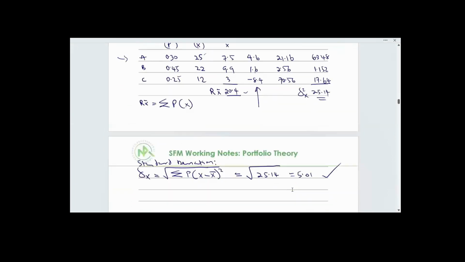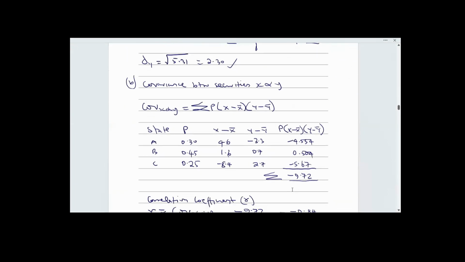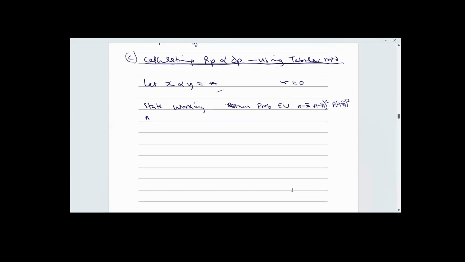You are supposed to multiply the return of one security with the weight of that security. So we are investing 60% on security X, so I would say 0.60 multiplied by 25, plus we're investing 40%.